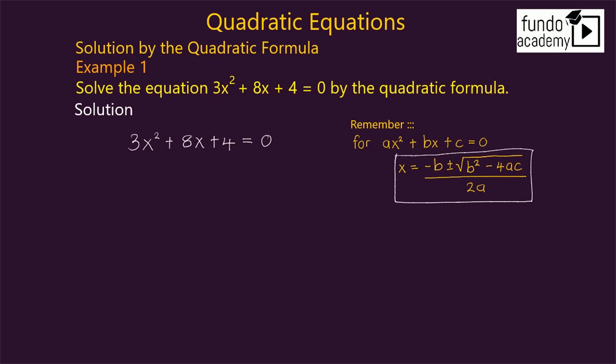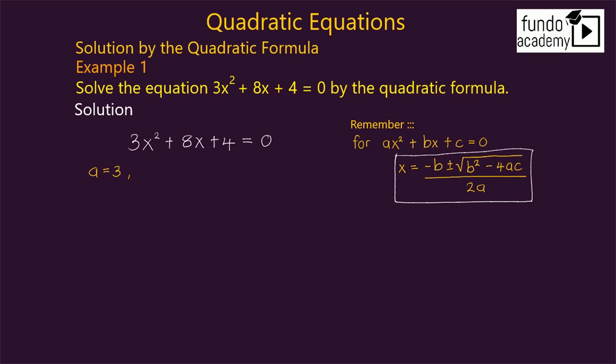Alright, for us to use this formula, we have to find the values of a, b and c, which are the values we're going to substitute into the formula to find x. Now a is the coefficient of x squared, and from our equation that is 3.